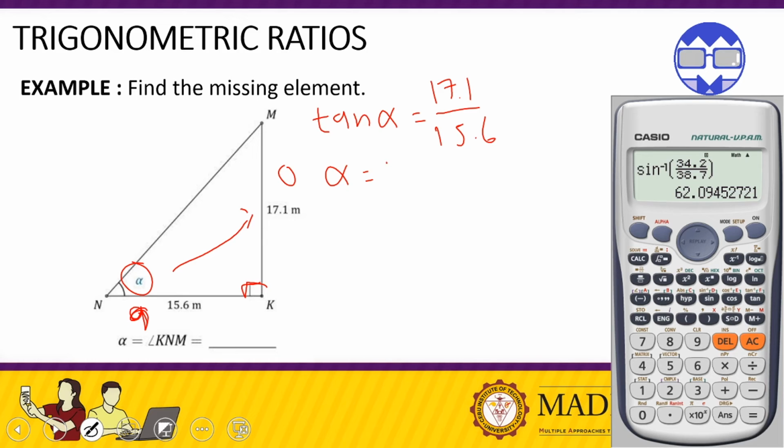So we can actually just write tan to the power of -1. It's the same with the calculator. So we have 17.1 over 15.6. Then using your calculators, I need to clear this.